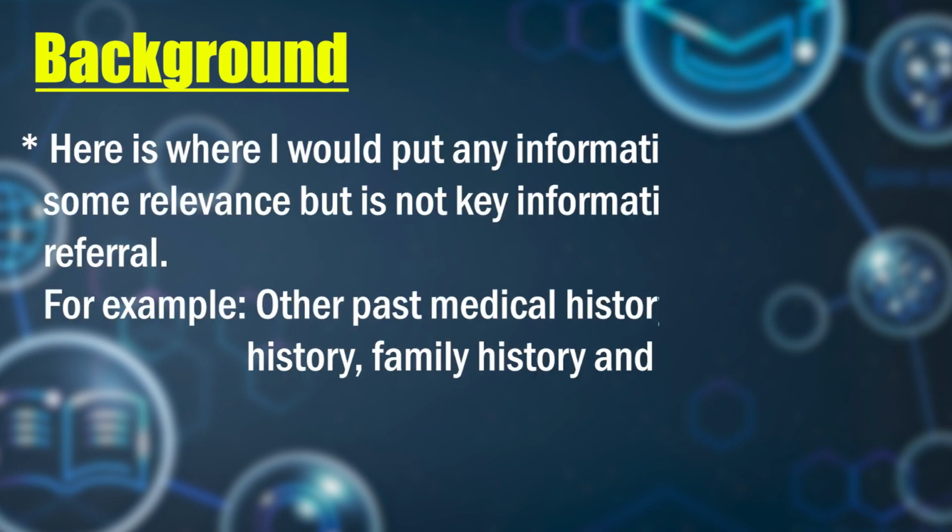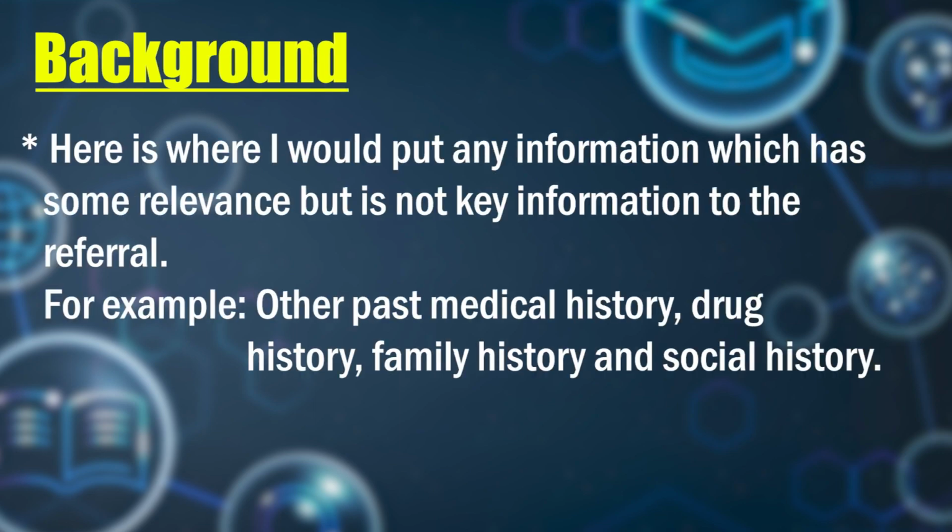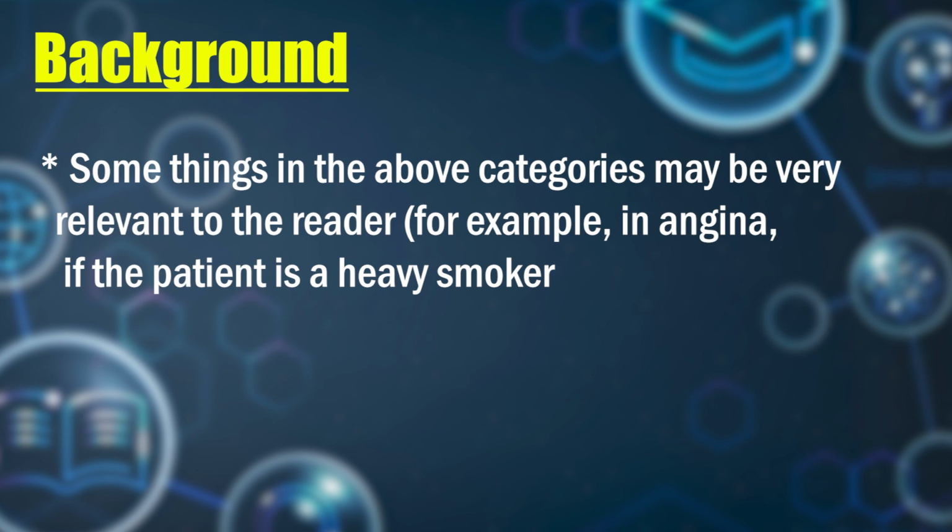Moving further is the background. Here I would put any information which has some relevance but is not key to the referral, for example other past medical history, drug history, family history and social history. Some things in these categories may be very relevant to the reader, for example in angina, the patient is a heavy smoker.